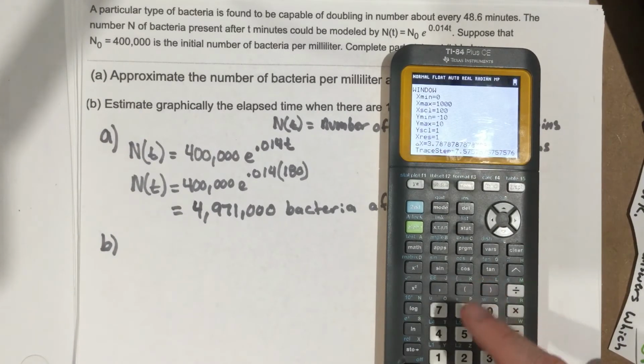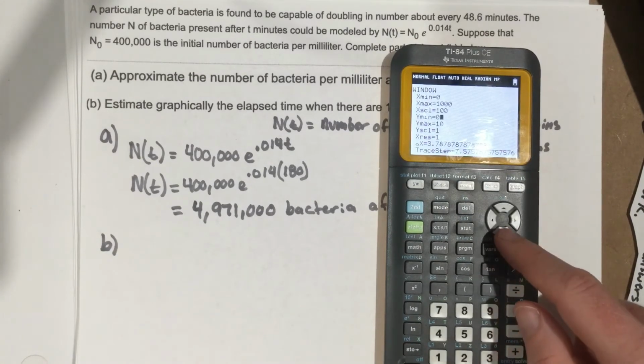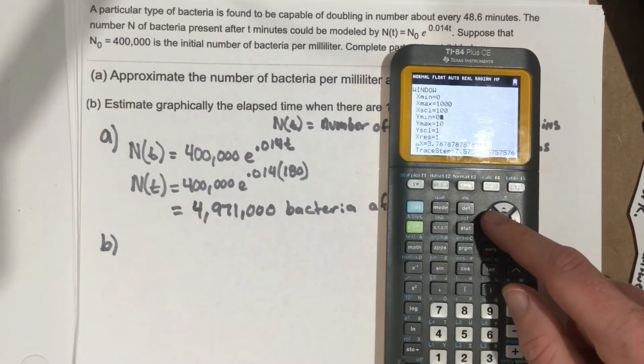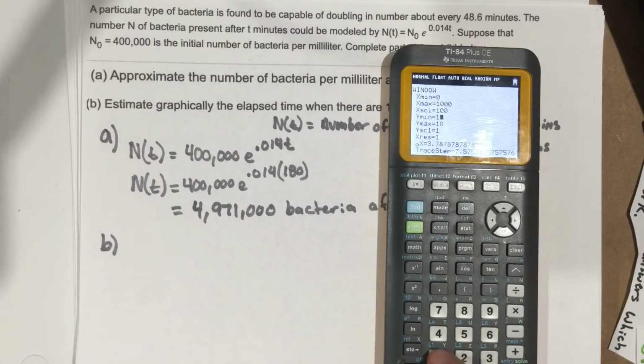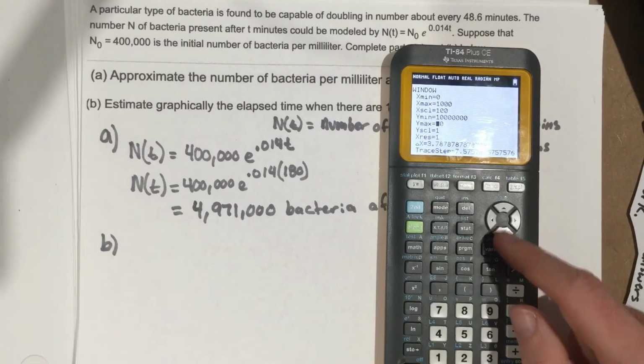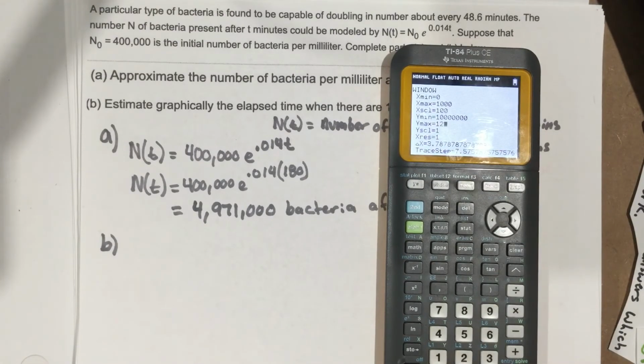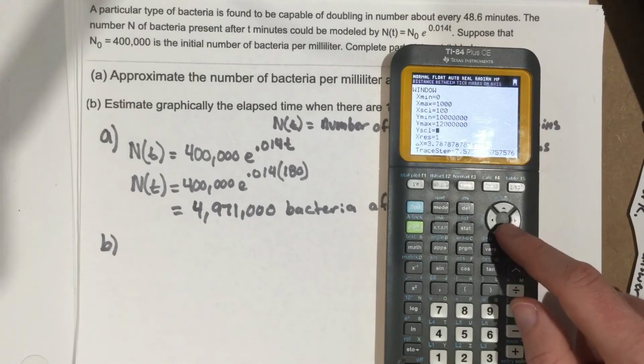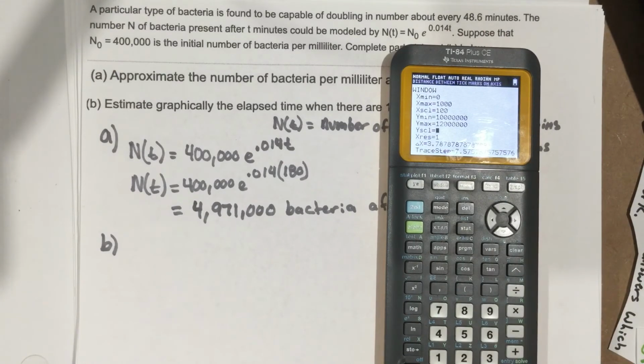And then y min, actually, if we want 11 million, maybe we could just say our y min is 10 million, and our y max is 12 million. And we're going to go up by 500,000. See what that looks like.